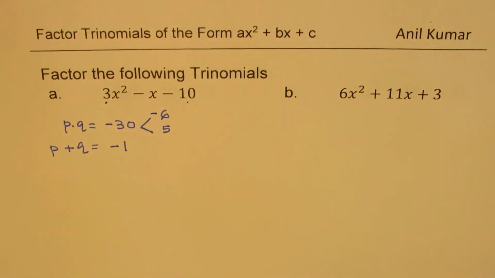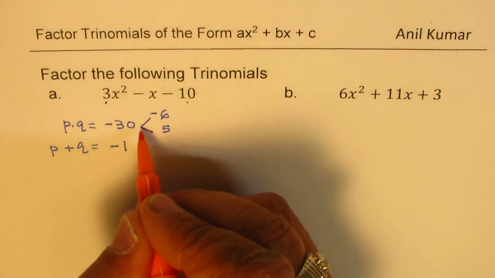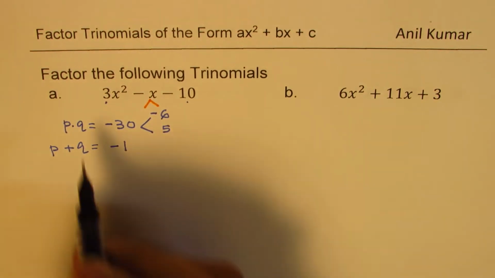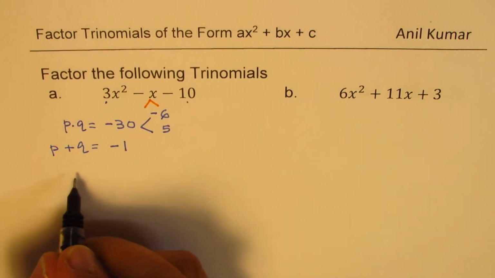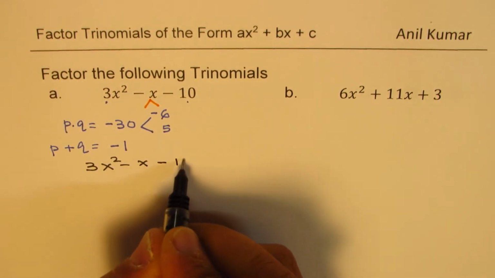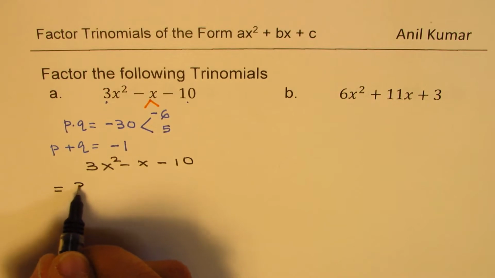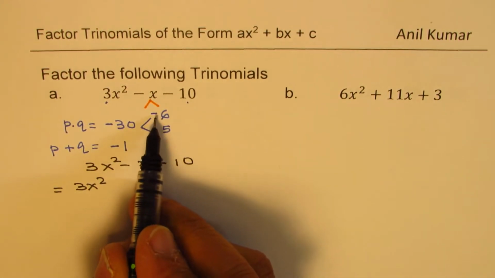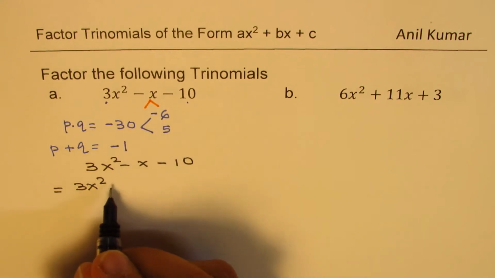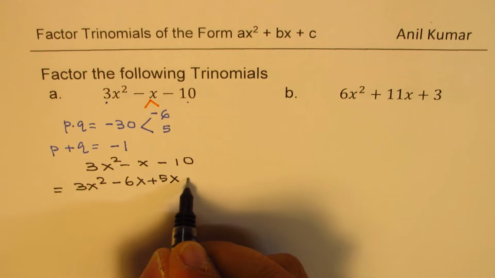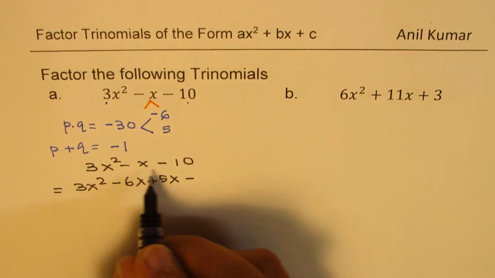You understand the technique. Now the second step will be, in terms of these two numbers, we are going to split x. So we can now write 3x squared minus x minus 10 as equal to 3x squared, and minus x is written in terms with these two numbers, minus 6x plus 5x. So you split it and you get 4 terms instead of trinomial.